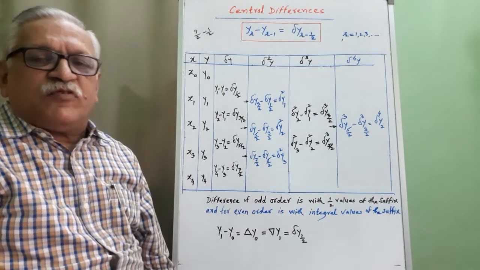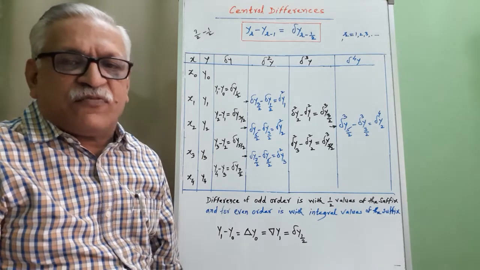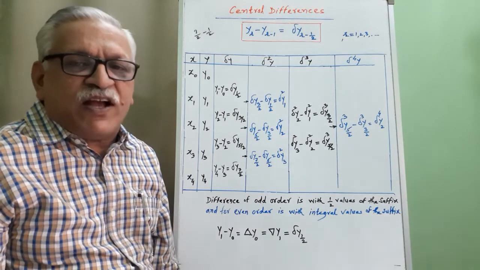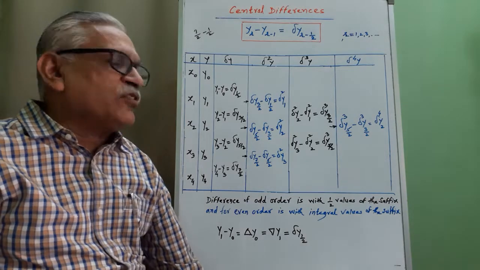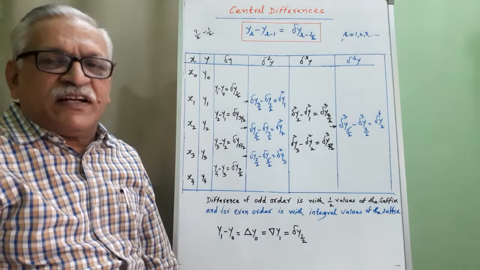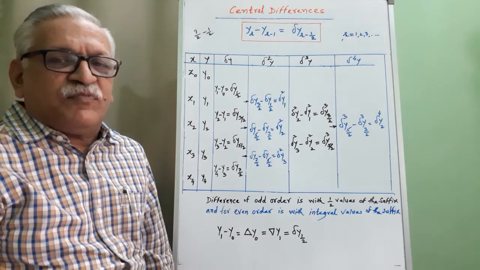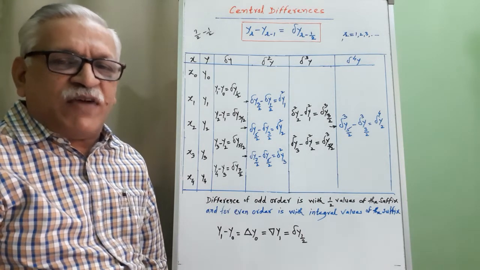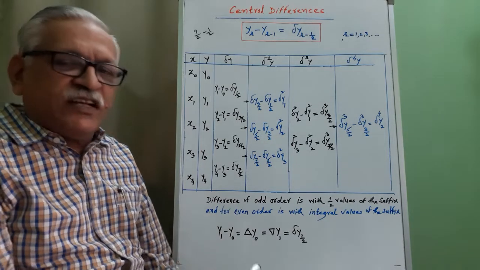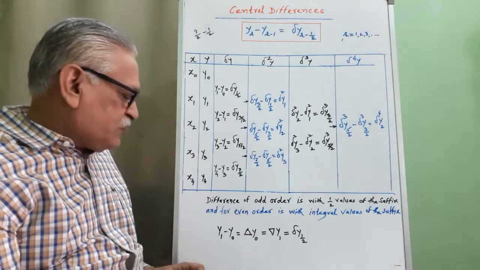The table remains the same for any type of differences, whether it is forward, backward or central differences. Therefore, I am not making a new table, because the previous tables for forward difference and backward difference can be used for central differences also.